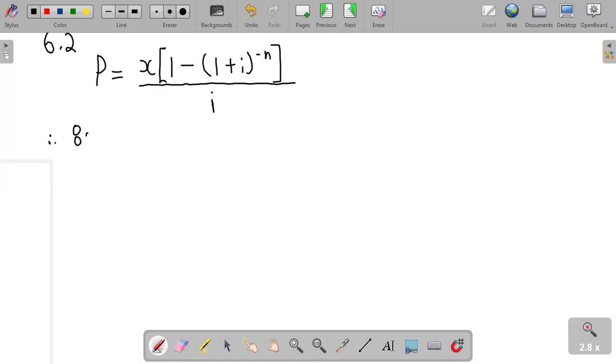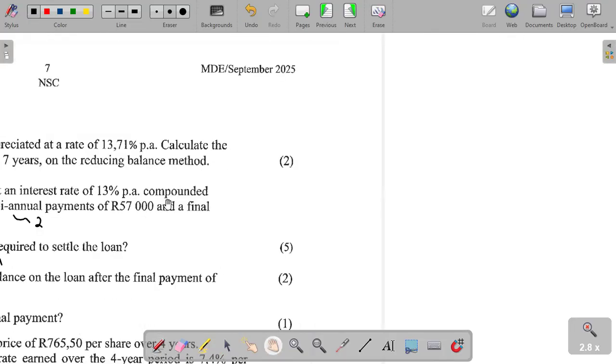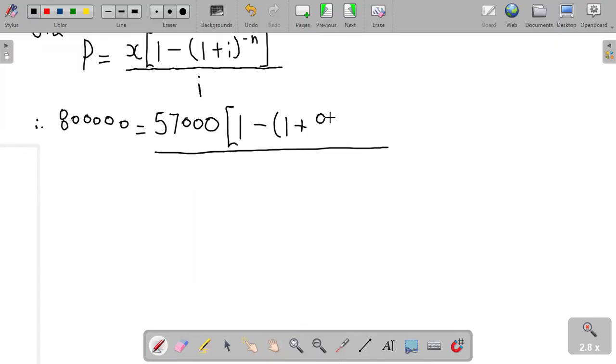So then we have 800,000 equals to 57,000, and 0.13, then 2, and then negative n. 0.13, then divide by 2.